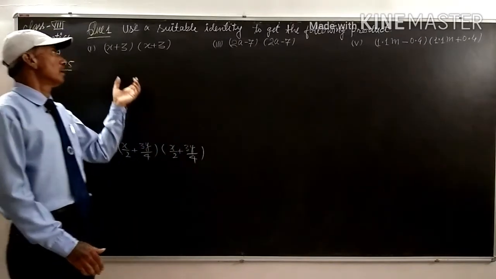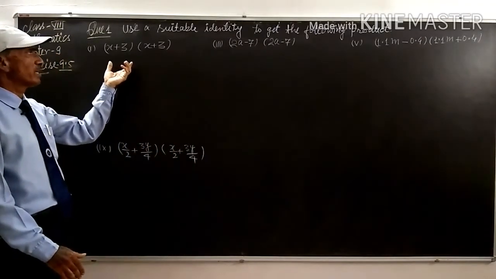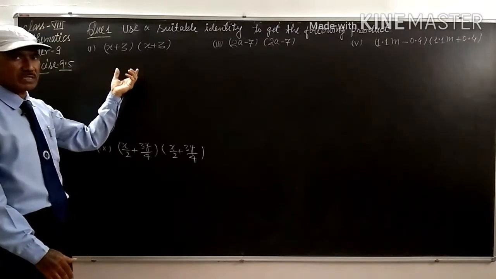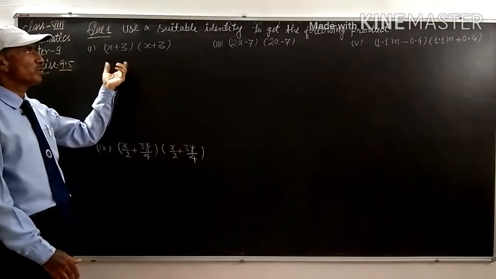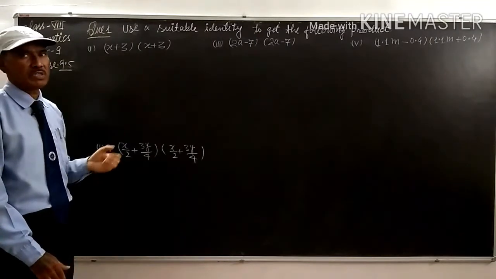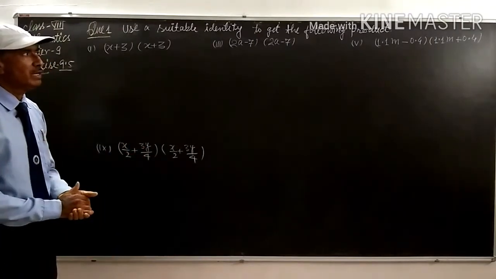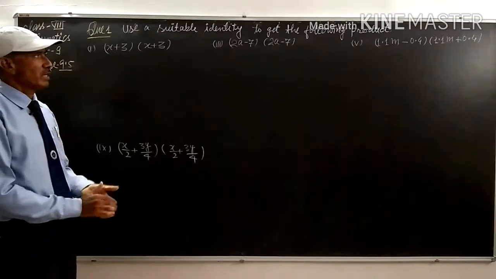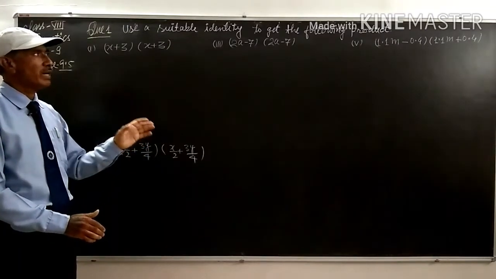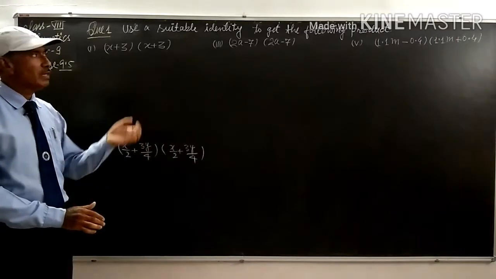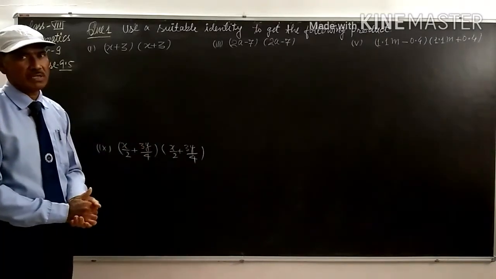But first of all, you have to understand what identity we are going to use in different types of questions. So, students, first of all you have to observe the question, and after that you will guess what identity you will use.